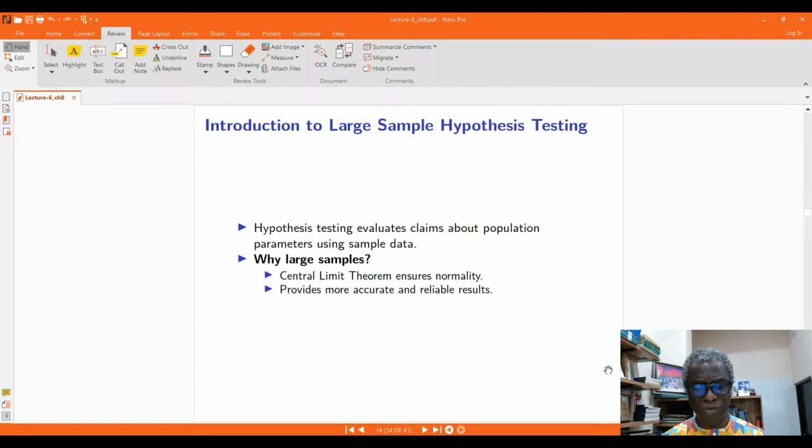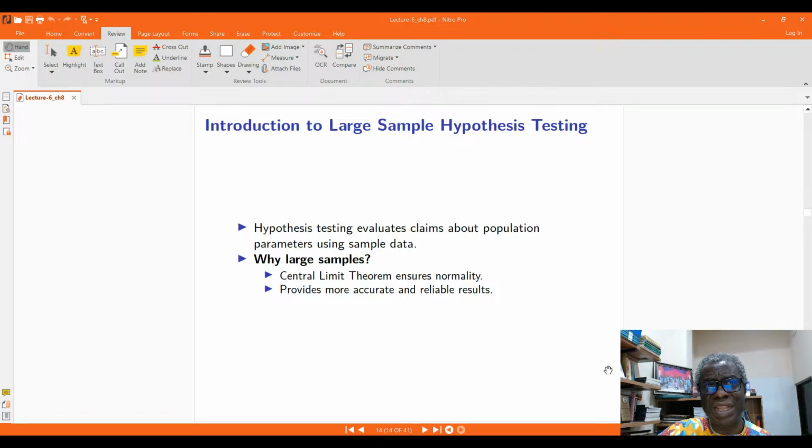So we use the standard normal distribution for this test.